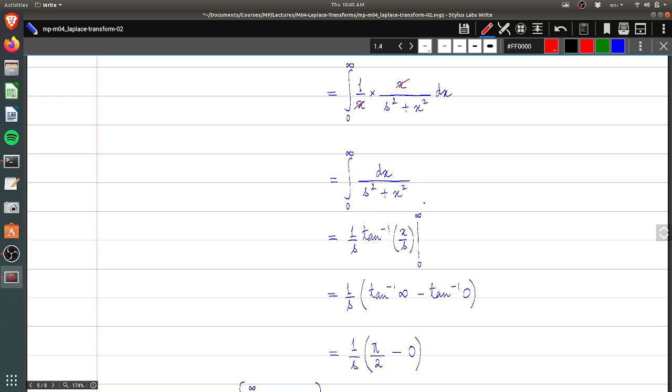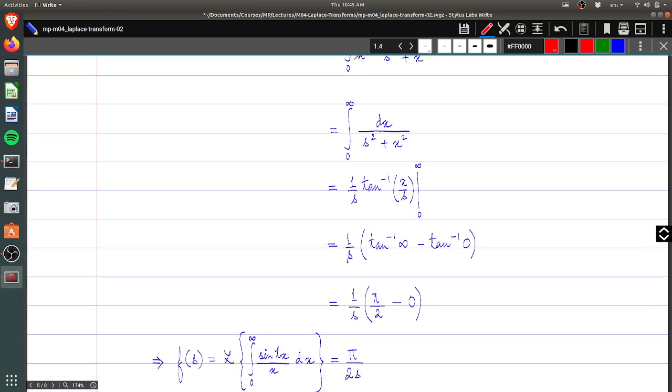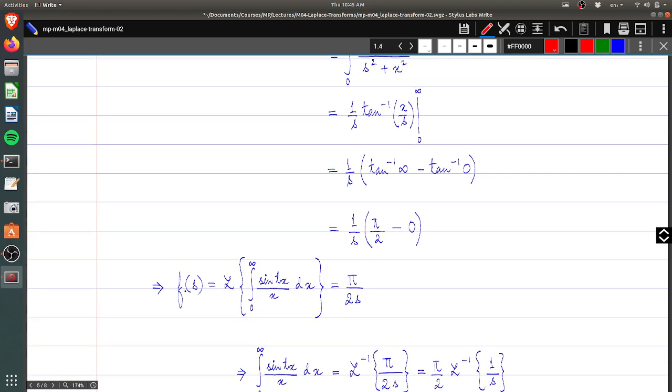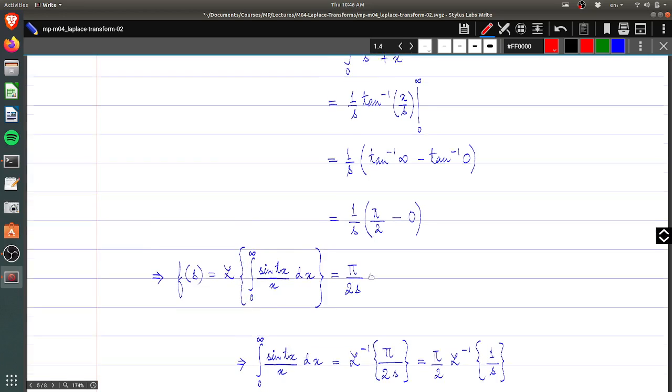We take the limits from 0 to infinity: tan inverse at infinity minus tan inverse at 0. The tan function takes the value infinity at pi by 2, and takes the value 0 at the angle 0. So the Laplace transform of this integral becomes equal to pi by 2s. This is a very simple result that we got.